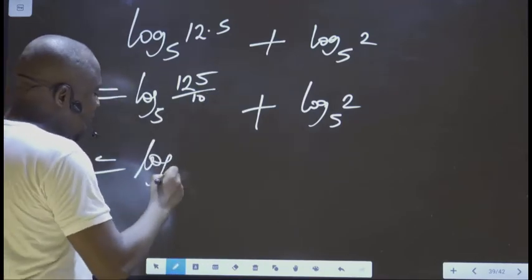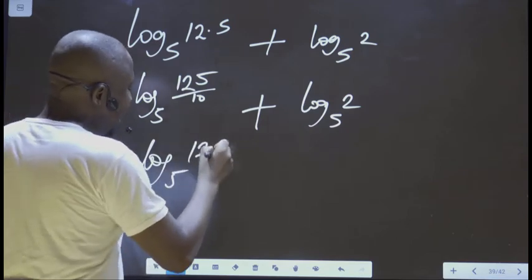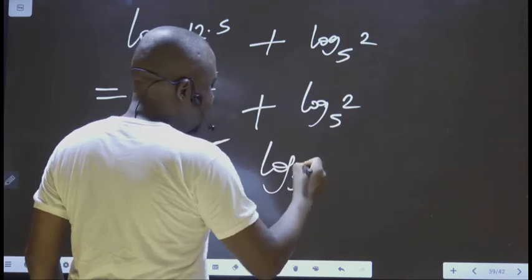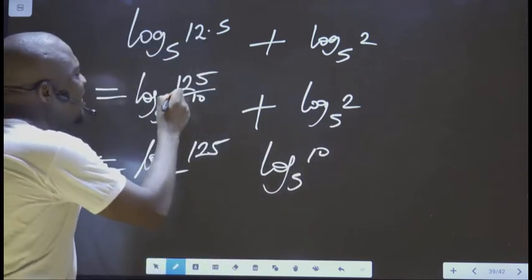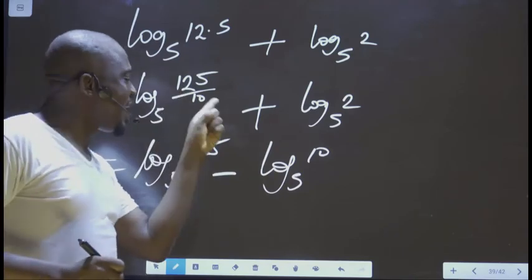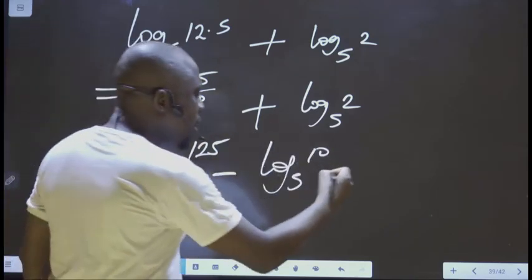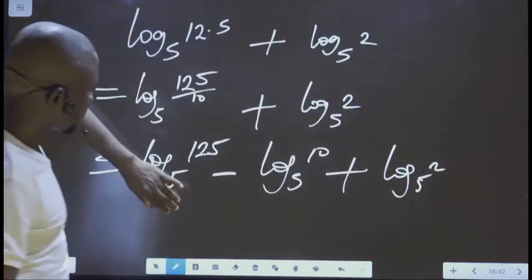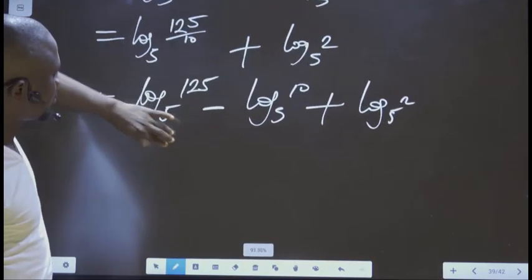You have log 5. We carry 125. It will still go and carry 10. But because of this division, you put minus. If it was a multiplication sign, you put plus here. Plus log 5 raised to the power 2. Okay?